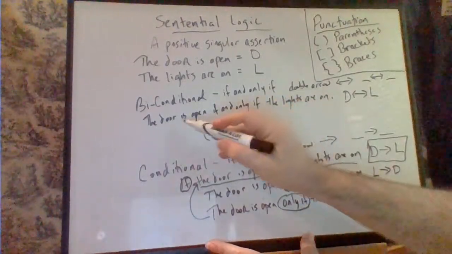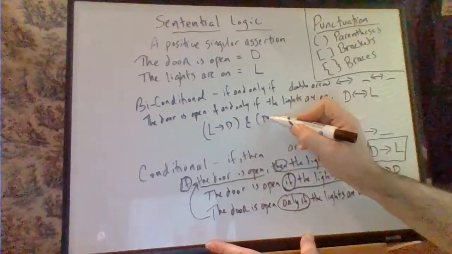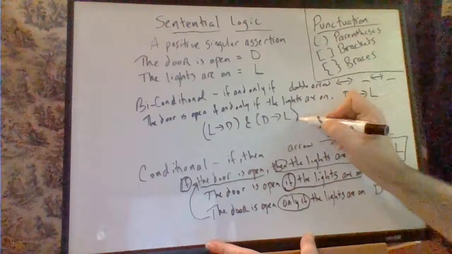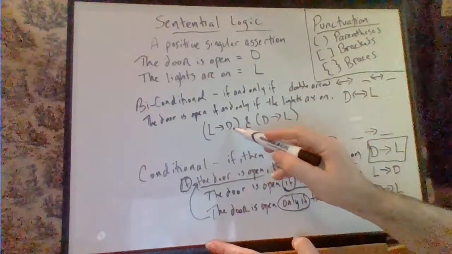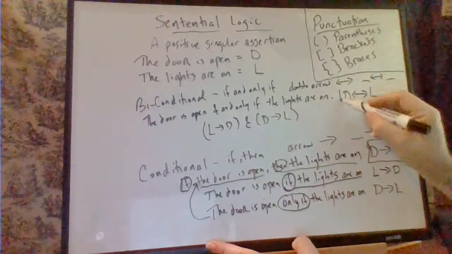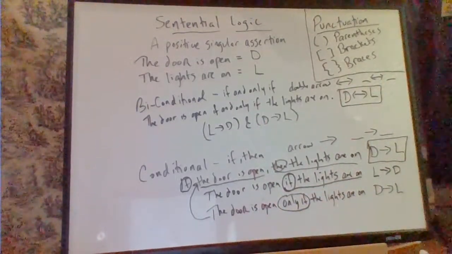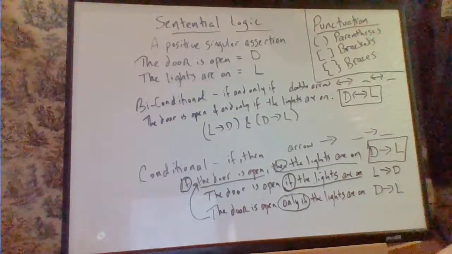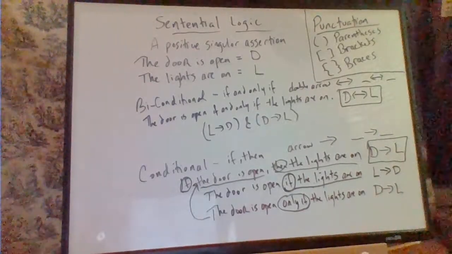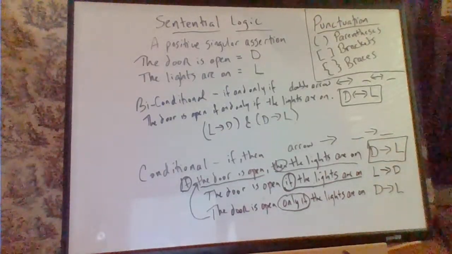And the door is open only if the lights are on, D, then L. Okay, so if L, then D, and if D, then L, the conditional that works both directions, that's what's being symbolized in a shorthand through biconditional. But again, I don't think your book uses biconditional. I don't think it gives you any of those. But that is the fifth symbol, is the double arrow.